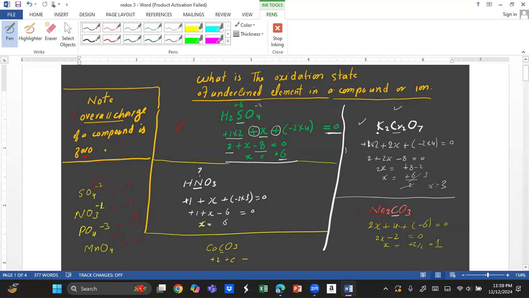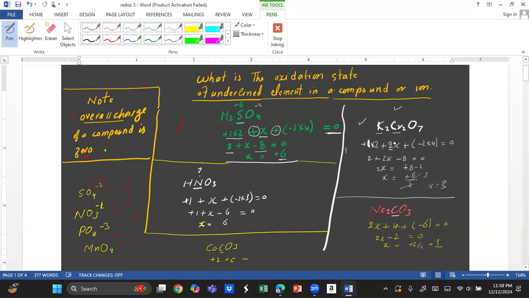So potassium, you see, is in group one, it is a metal. It has to lose one electron, so that's why 1 into 2. Why 2? Because it is K2. As for chromium, we have two atoms here. We will put 2 at first, the number of the element. How many are there for chromium? 2.